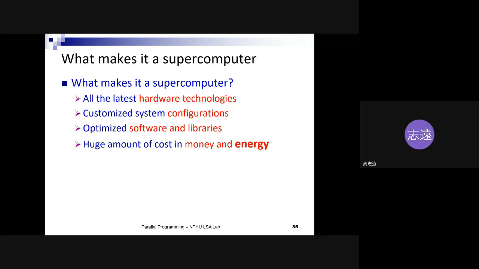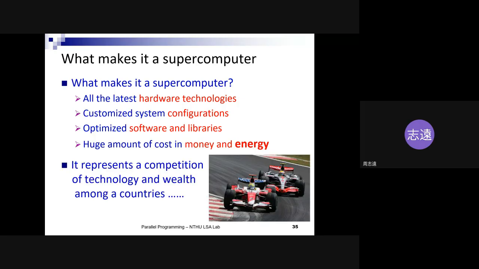Okay, because at the end you have to pay for what you compute. And so cost efficiency is also an important factor. So achieving the best performance is really not easy. Okay, it requires hardware, software, engineering, and money as well.